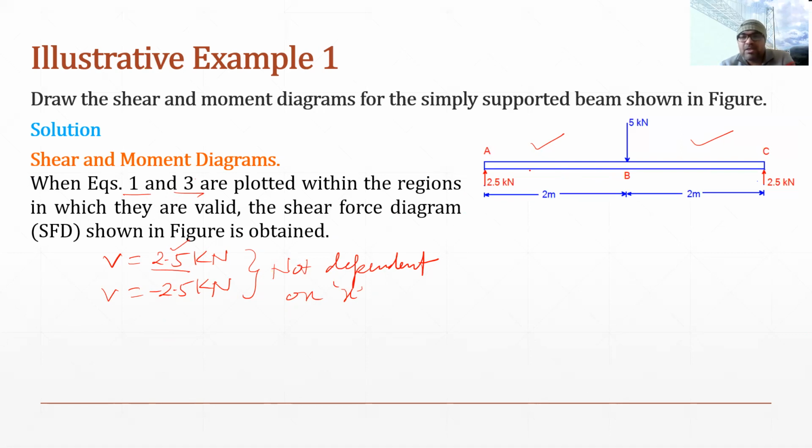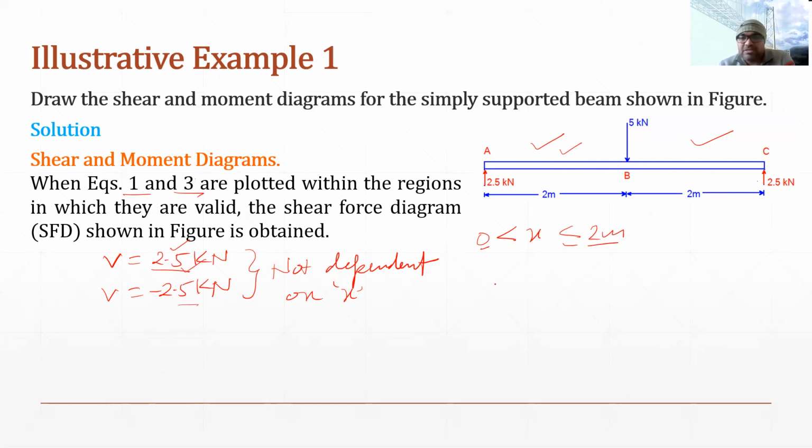Within segment AB, x was more than 0 and up to 2 meters, which means from 0 to 2 meters the value of V will be 2.5.